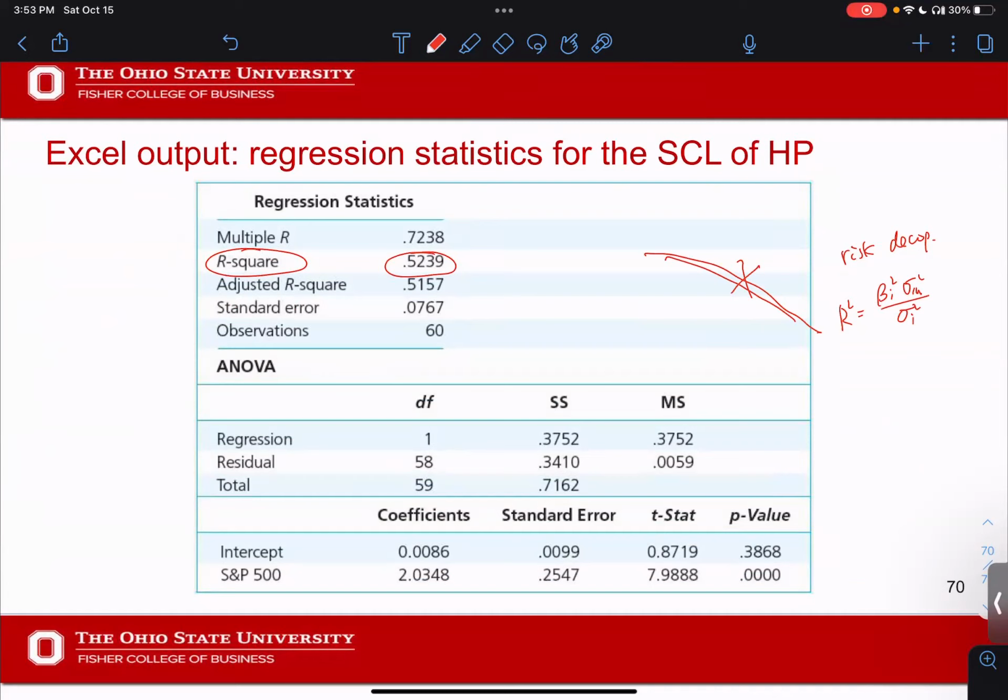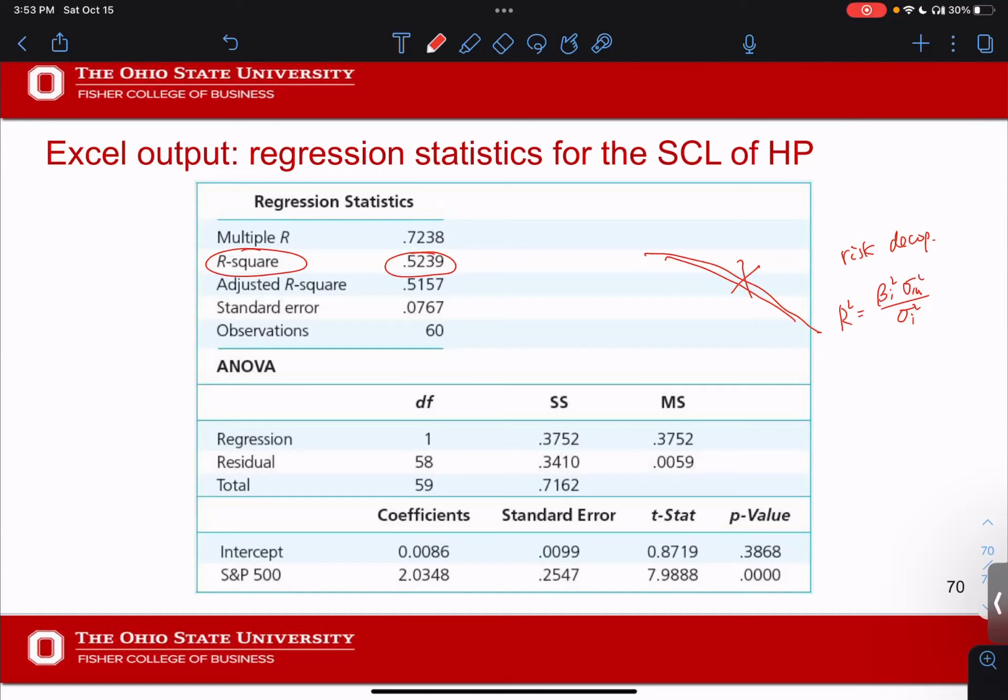It just means how much the variation of the individual stock can be explained by the market part. So still, how much the stock volatility is coming from the market volatility. Intuitively, it's capturing the same thing. And here it says around 52% of the individual HP return variation is coming from the market.